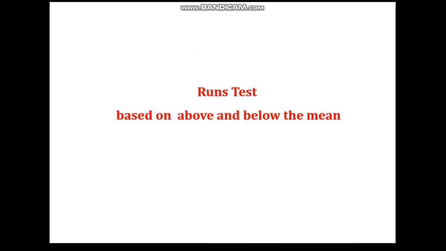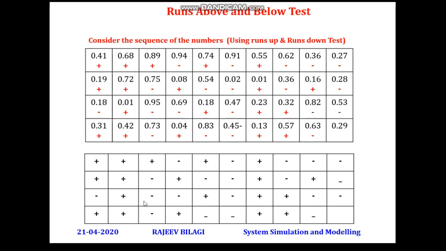In such cases we are going to use the runs test based on above and below the mean. Now this is what we have seen in the previous problem. These are all the set of numbers and you have identified plus and minus signs.